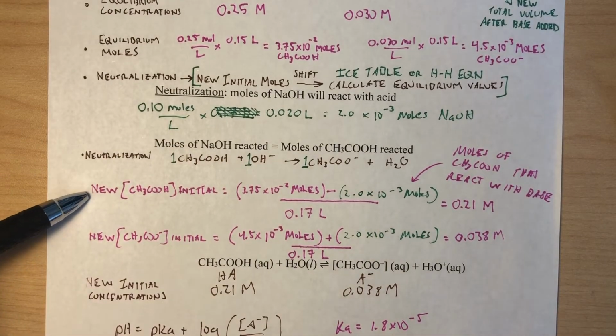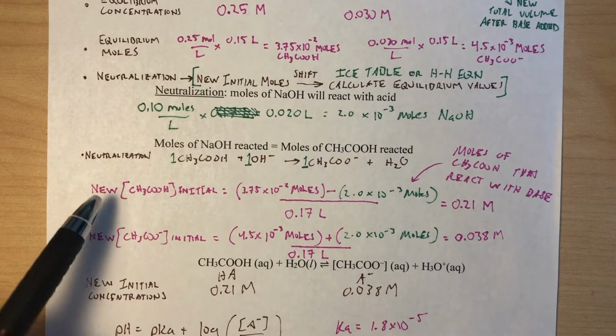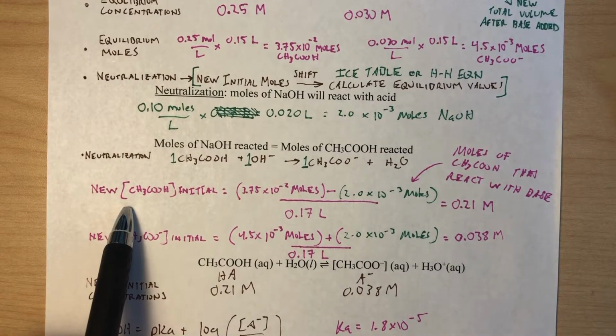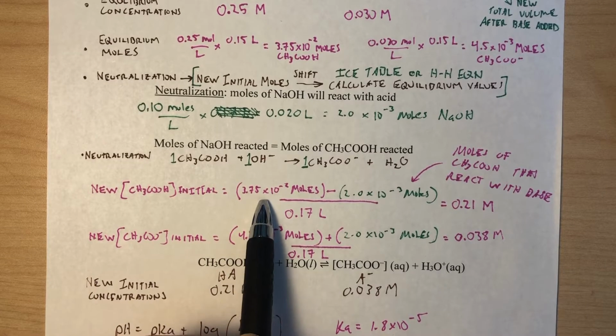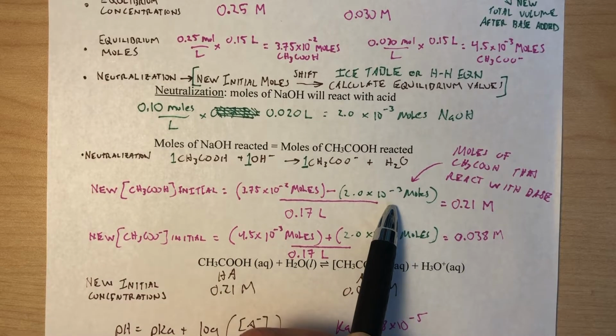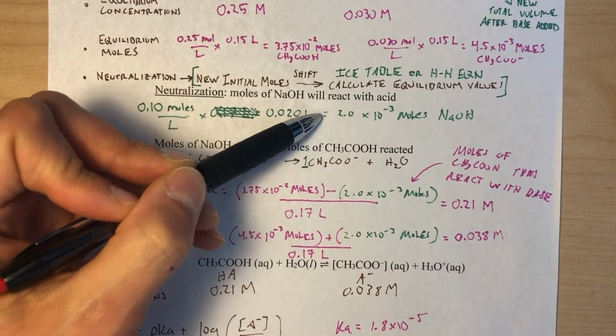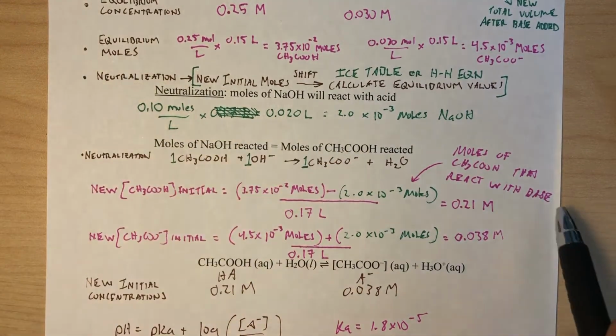So we have acetic acid, new initial. That is what we need to calculate before figuring out what kind of shift is going to happen. So we need our new concentration of acetic acid. We're going to take our 3.75 times 10 to the negative 2 moles of acetic acid, and subtract 2 times 10 to the negative third moles. That is the number of moles of CH3COOH that reacted in a 1-to-1 ratio with our moles of hydroxide.